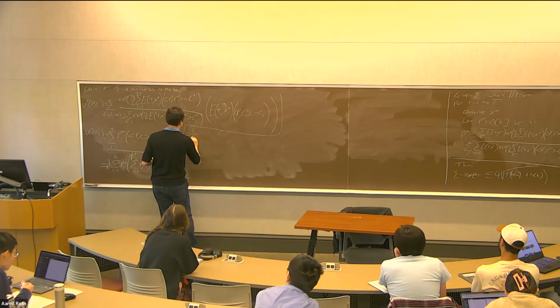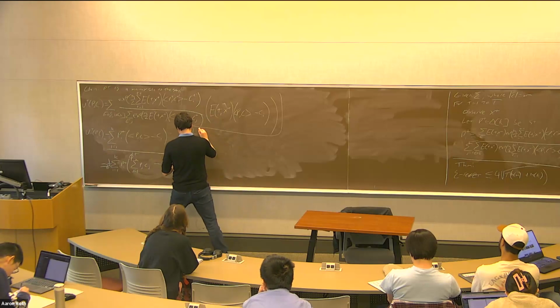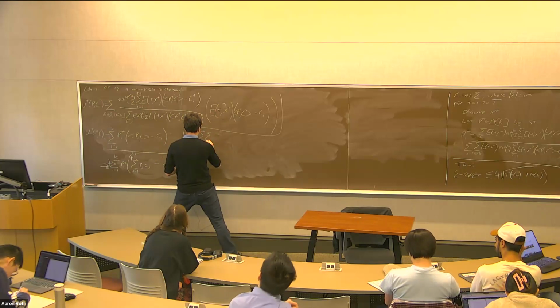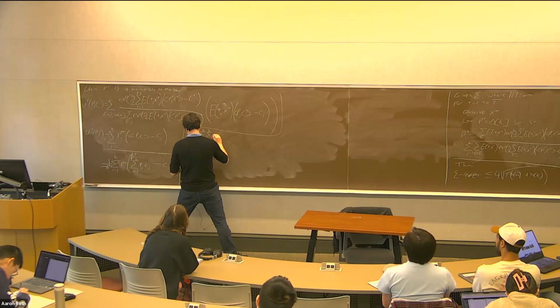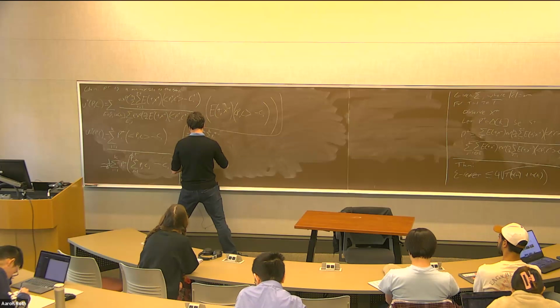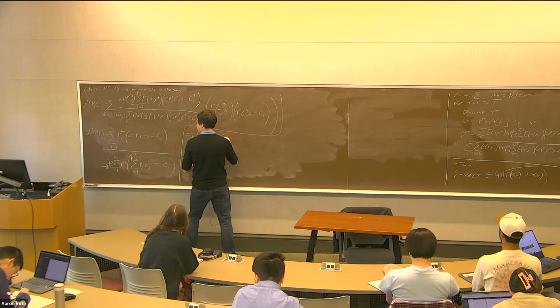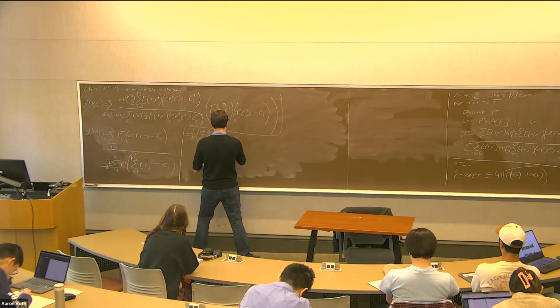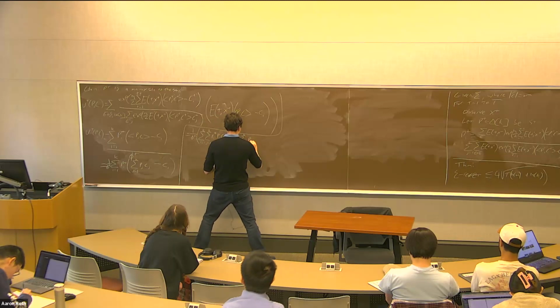And expanding out again to separate these two terms into two sums, we've got the sum from i equals 1 to k and j equals 1 to k of P_i^T P_j C_j, minus the sum from i equals 1 to k and j equals 1 to k of P_i^T C_i.